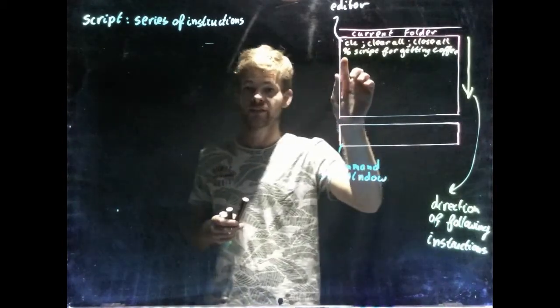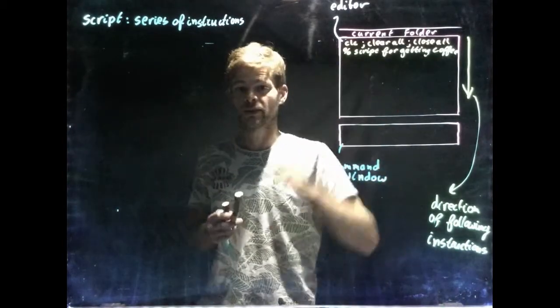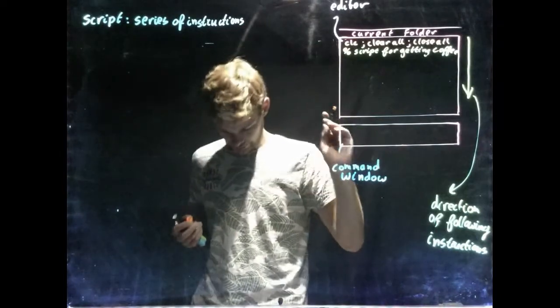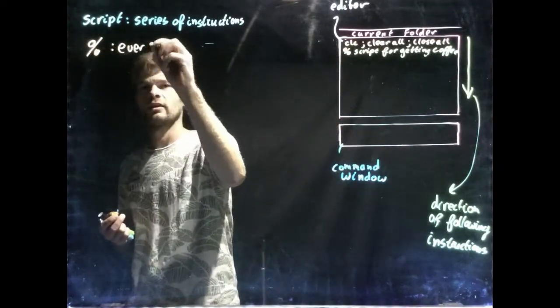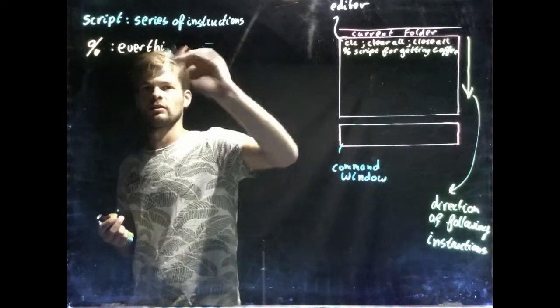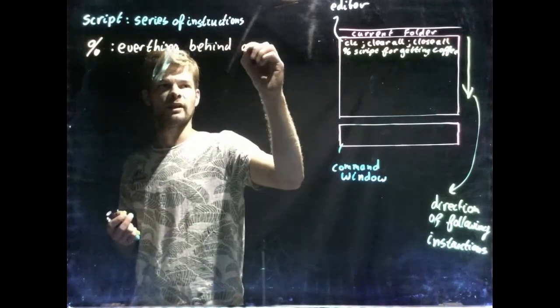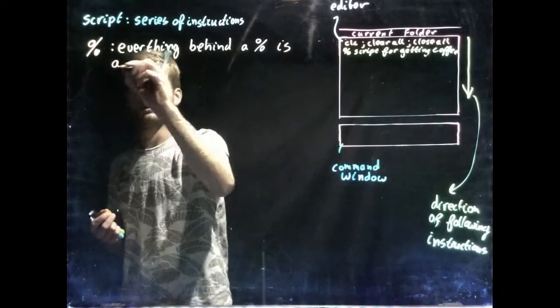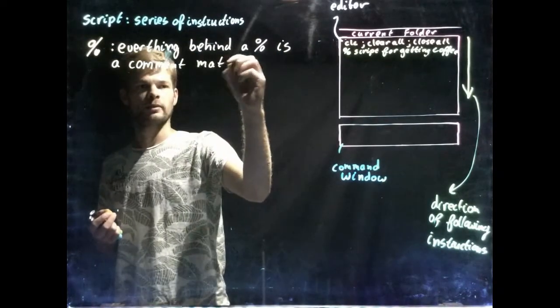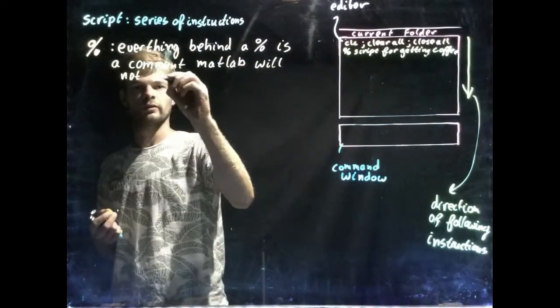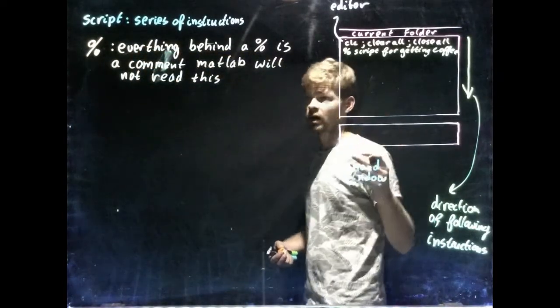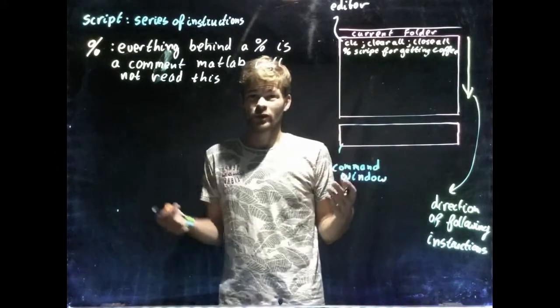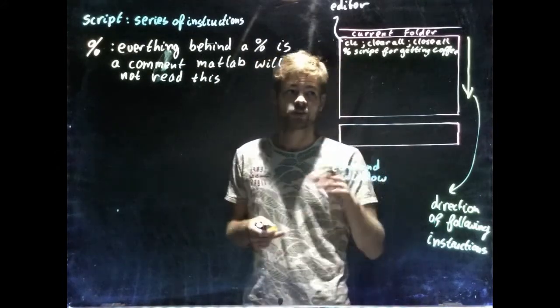You can see over here this is written behind a percentage mark, and that is because it is a comment. Everything behind the percentage mark is a comment, and MATLAB will not read it, so MATLAB won't execute whatever you write behind it.